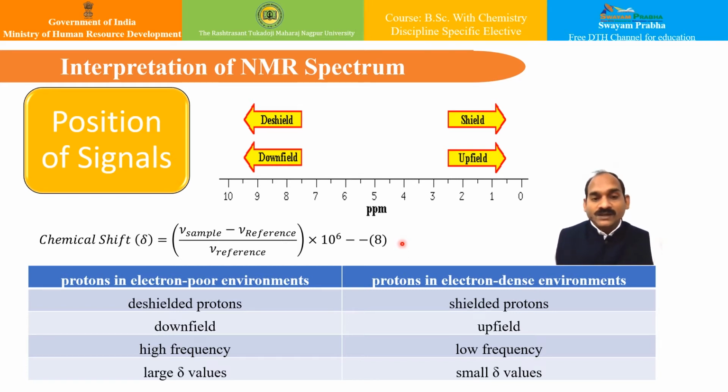So that we need to understand. Whenever any proton undergoes resonance, when the applied magnetic field strength or the frequency matches with the energy separation between the 2 levels, we can interpret from the position of the signals.